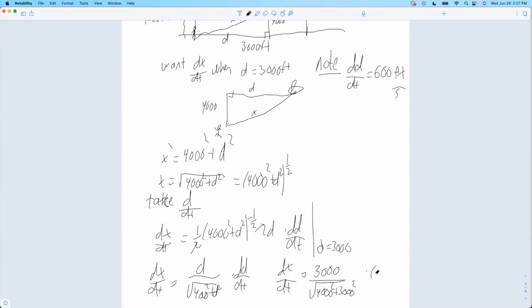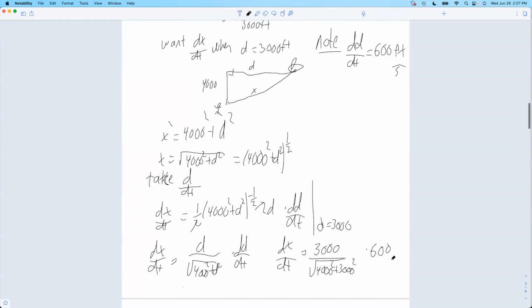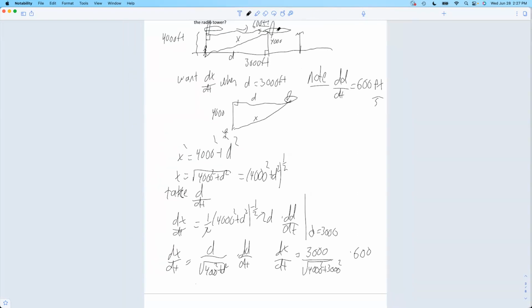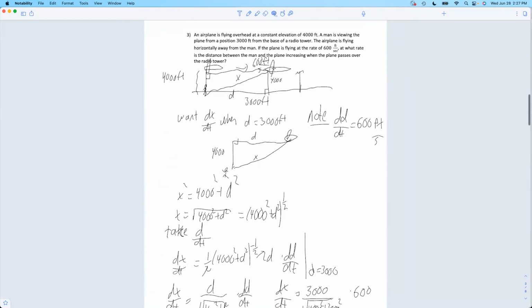That's the speed of the plane, 600. Now, this is a Pythagorean triple. You could check this on your own. That's a 3, 4, 5. So this actually simplifies to 5,000 squared. Square root of that is just 5,000. Let me make all this smaller.